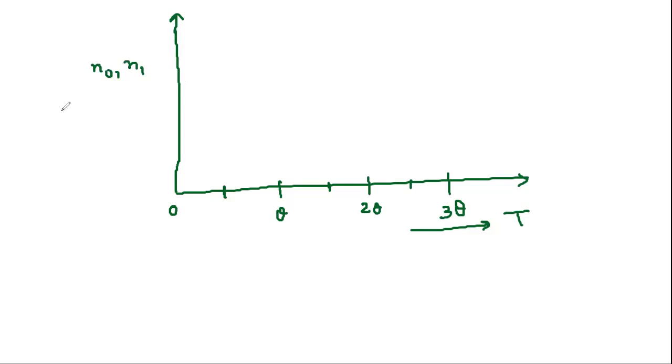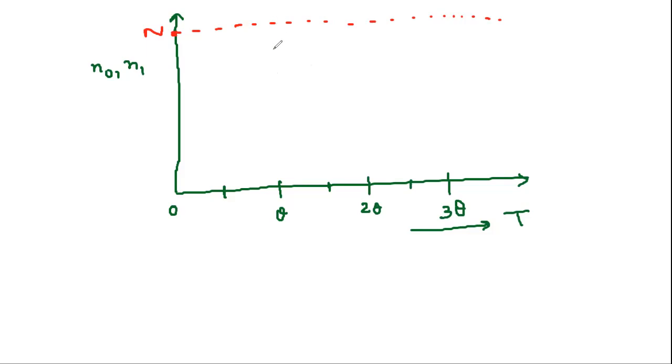Let this be red. And let this line be at N. So here N is representing the total number of particles in the system, that is N0 plus N1, right? I need another line pertaining to temperature equal theta.